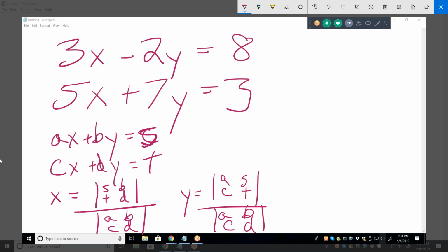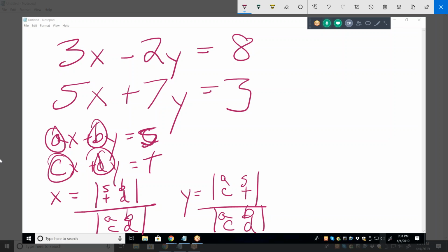Now, before we go to the denominator, let's look at the y variable. Its numerator starts out with the coefficients of the x variable, a and c, and then goes to the constants, s and t. Both of them are divided by the same matrix, which represents the coefficients on the left side of the equation.